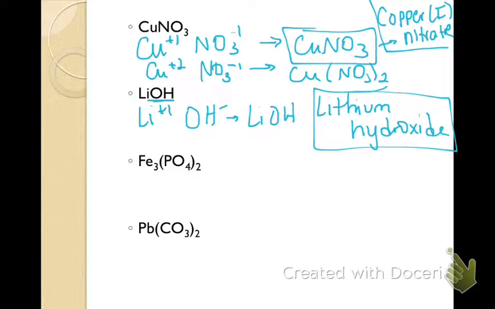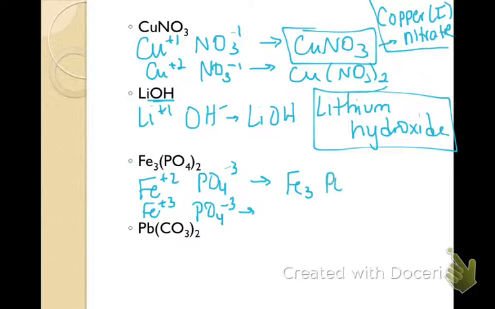So it's lithium hydroxide. The next one, we have Fe3PO42, so we have Fe plus 2, Fe plus 3 from the periodic table. PO4 is -3. So let's go ahead and crisscross them. So for this first one, we have Fe3, and then the PO4 is in parentheses. And then the second one, we have Fe3, PO4, 3.